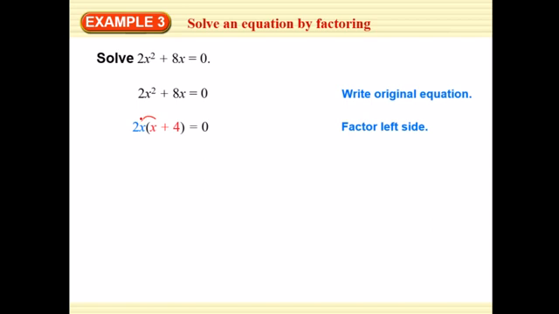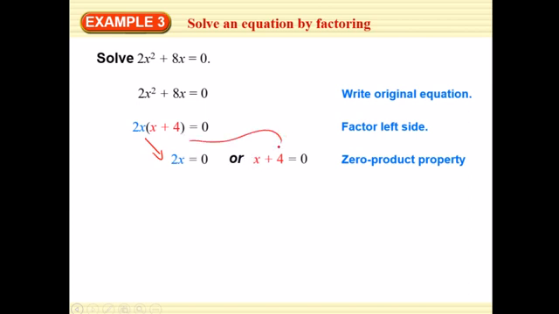And if you distribute that, by the way, that's one way to check. You would get 2x squared plus 8x when you distribute and multiply. Alright, so that should check out. And then, using the zero product property, I set each piece of this product equal to 0. And then I'm going to solve.